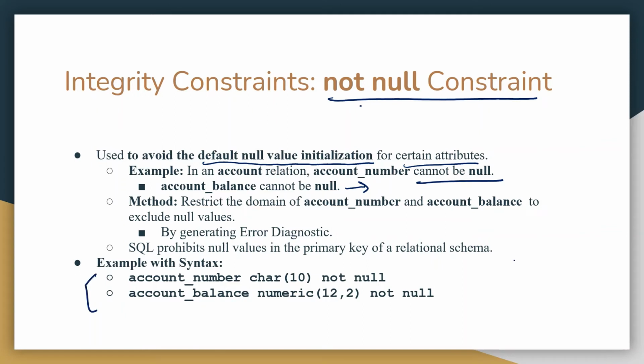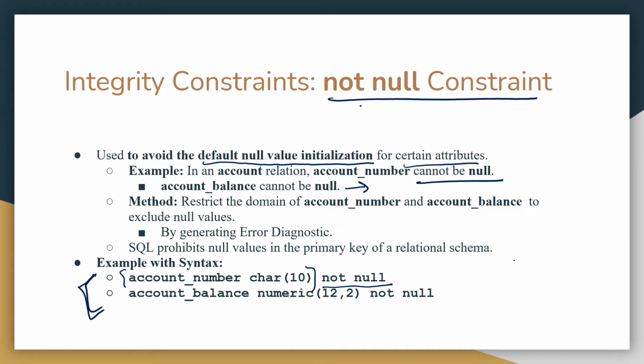For example, here is the exact syntax. Let's suppose I need to make sure that account number is never set to null. I'll define the account number as char 10, which is the definition, and then I would write not null, along with the complete create table statement.